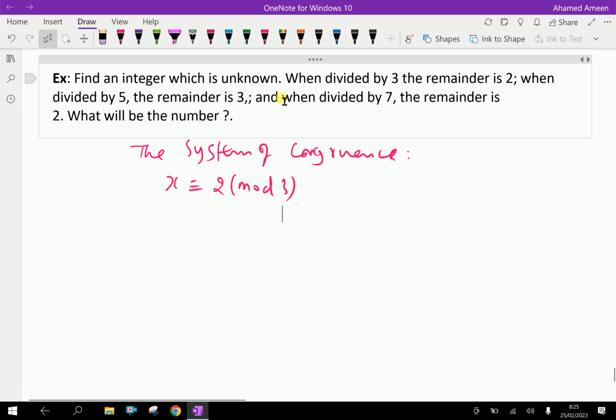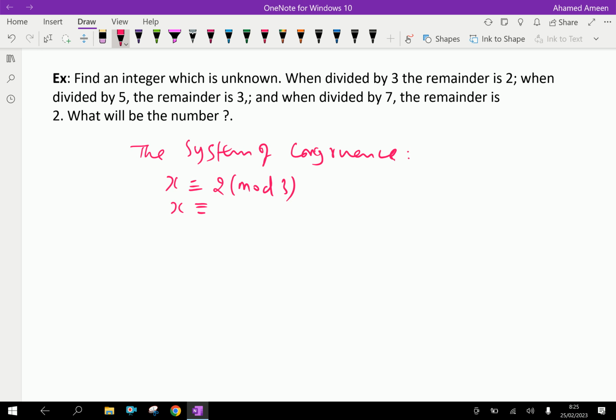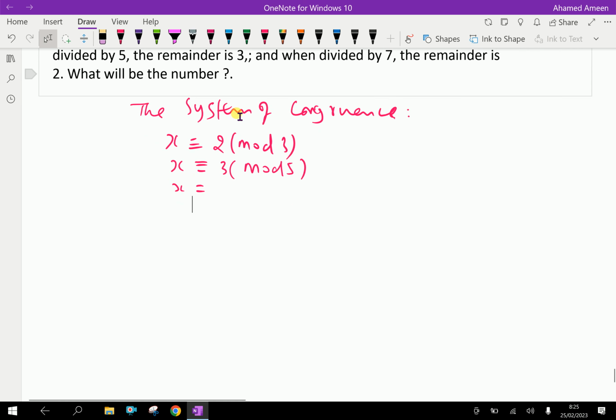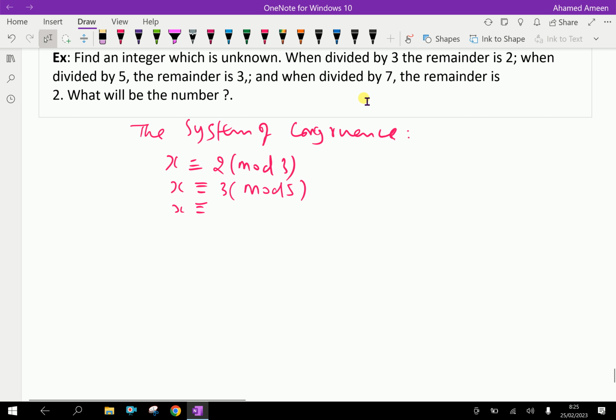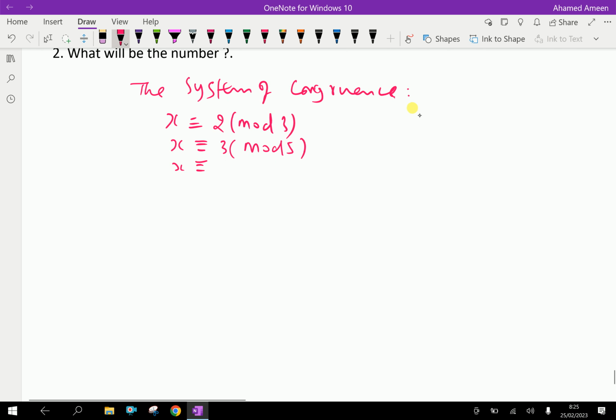The second: when divided by 5, the remainder is 3, so x is congruent to 3 mod 5. The third: when divided by 7, the remainder is 2, so x is congruent to 2 mod 7.